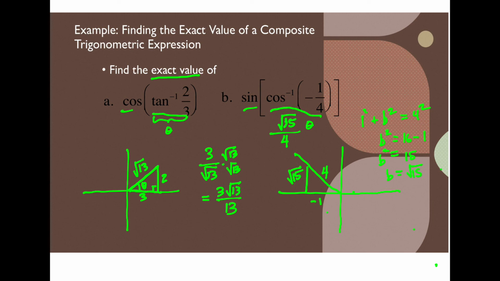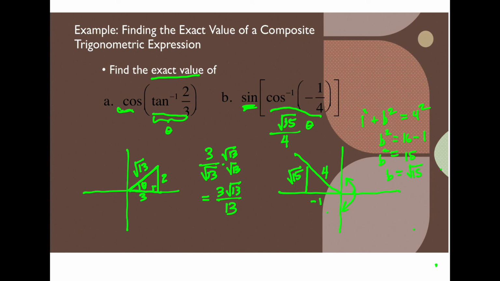So those are the ones where we have to ask, wait a minute, am I in the right quadrant? And once we've decided where that arc tangent or arc cosine's quadrant is, then we just take the cosine of whatever it's in. Sine, remember, arc sine was relegated to the first and the fourth.